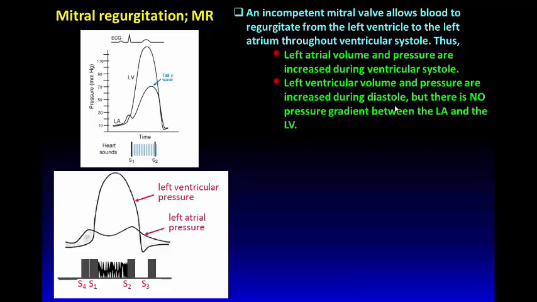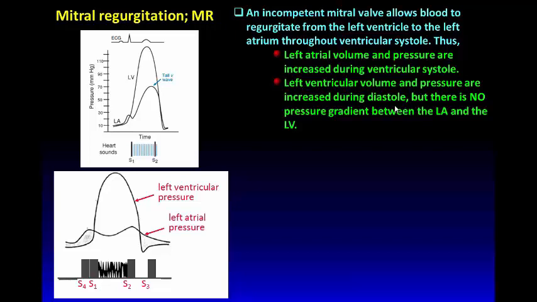Now, when the left ventricle begins to contract at the beginning of ventricular systole, the mitral valve is supposed to be closed. But the mitral valve doesn't close properly because it is an incompetent, insufficient valve.